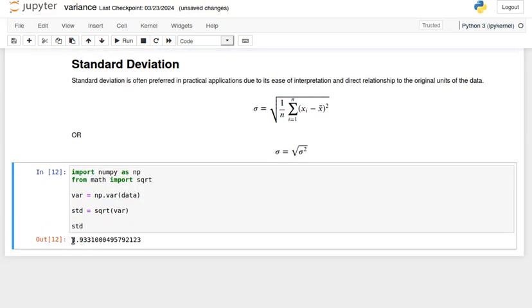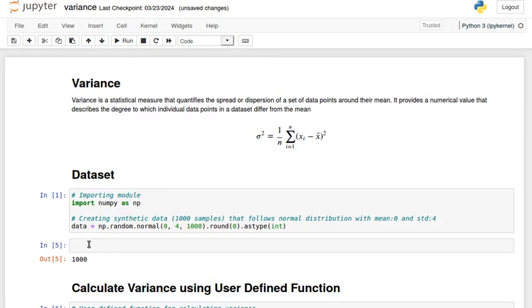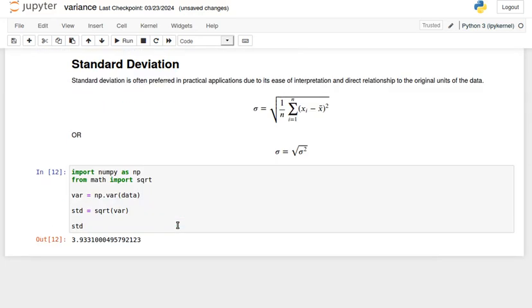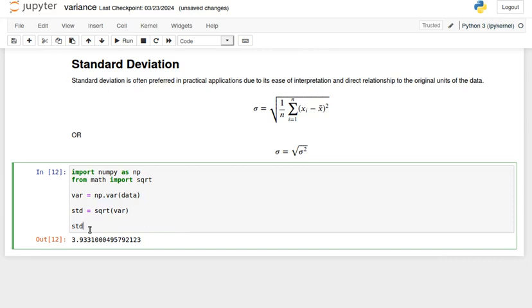So here we have calculated the standard deviation. For that we first calculate the variance using the NumPy var method, and then calculate the standard deviation using square root from math. So we can see that the standard deviation is around 3.93, which is around 4, and we have created the data set with standard deviation 4, which is the same. So we can see that it is more intuitive as compared to variance. So for our practical purposes we will use standard deviation.